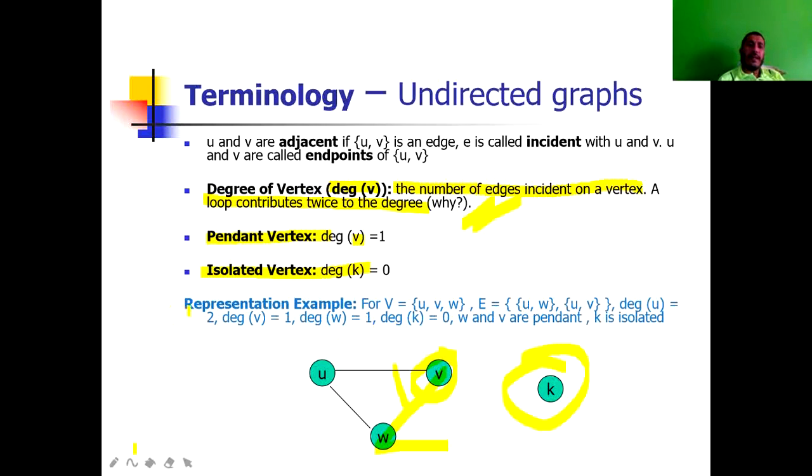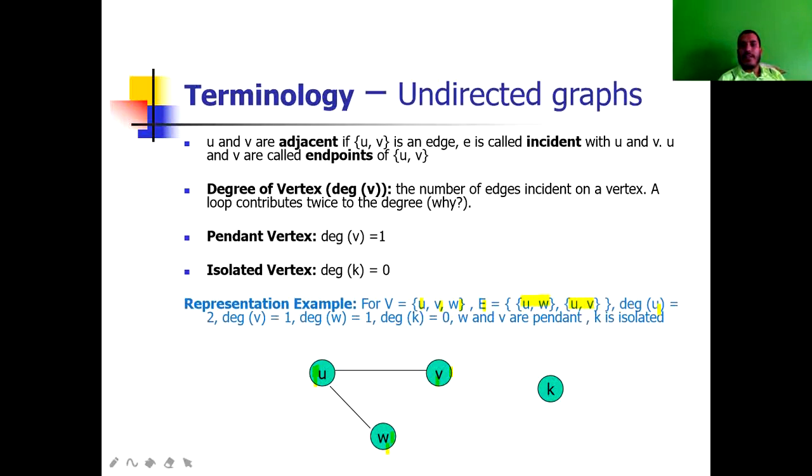Now how do I represent this? I represent it using the vertex set V, which has 3 vertices here, and then I have edges. U to W is one edge, and U to V is another edge.